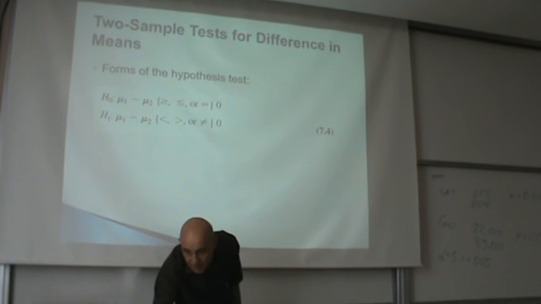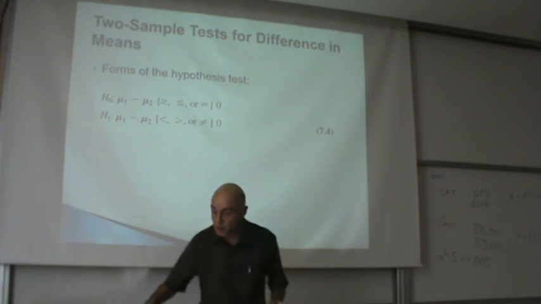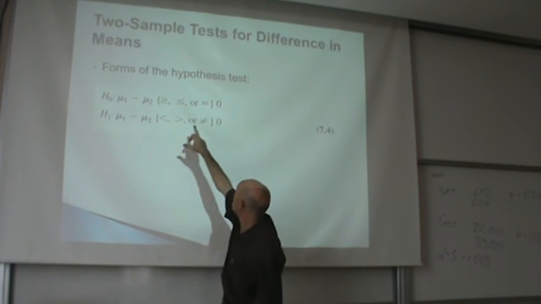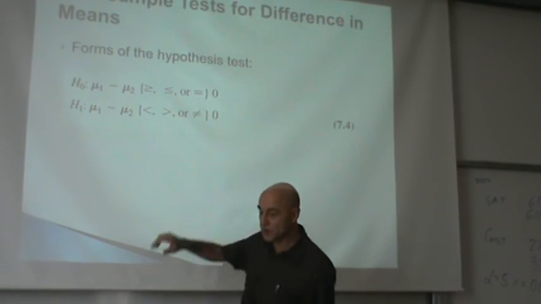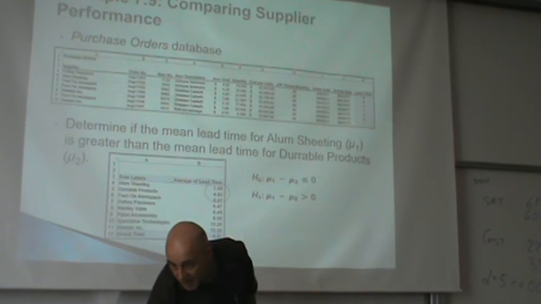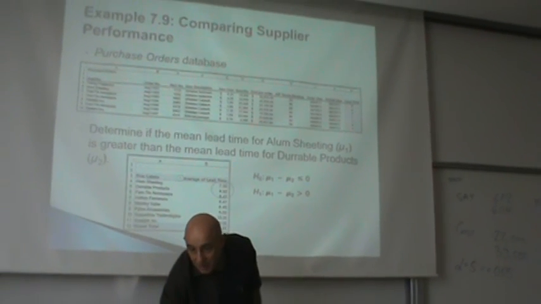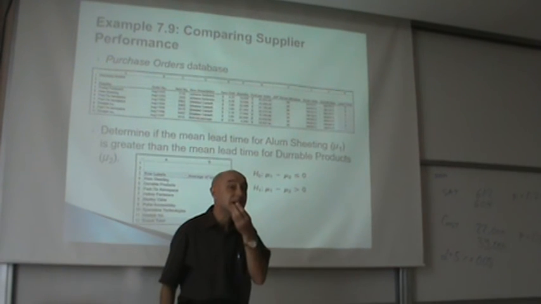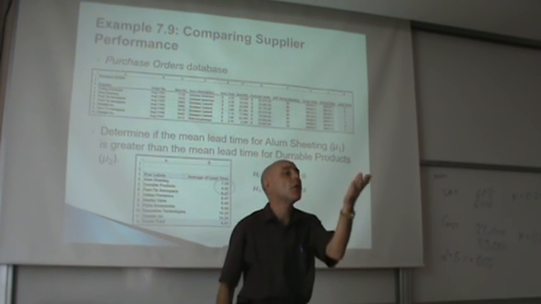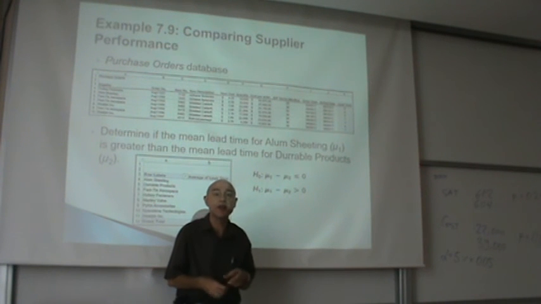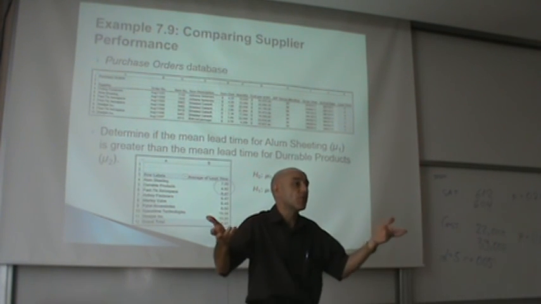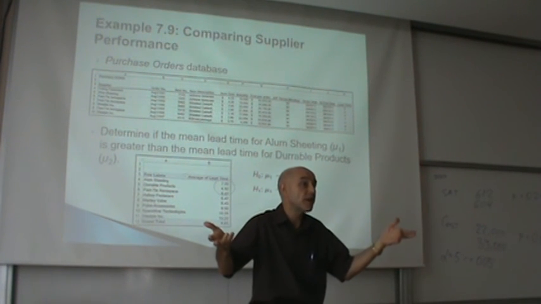Two sample tests or difference of means. Okay. The difference is different, same as 0 or different from 0. We'll do that. Comparing supplier performance. We have to compare. Oh, okay. What we did in the lab with you guys or with the other group is get the Facebook friends, right? Did we do the Facebook friends?